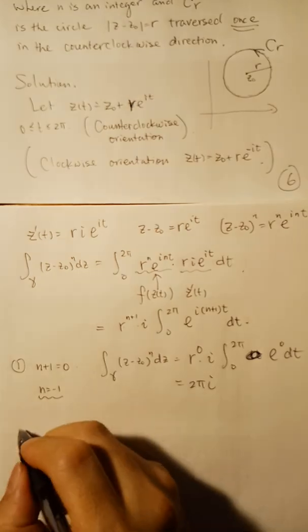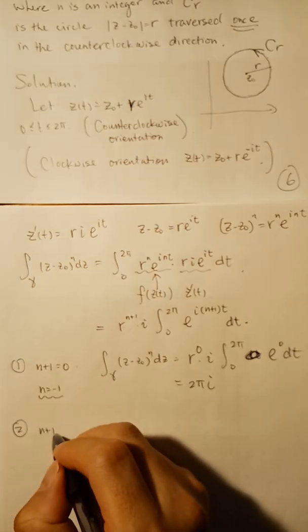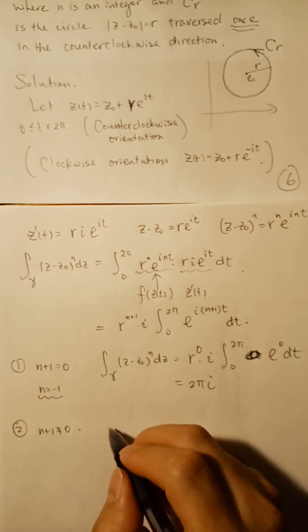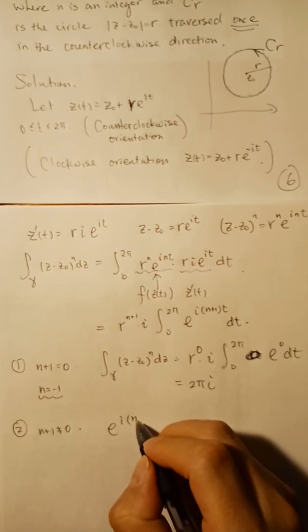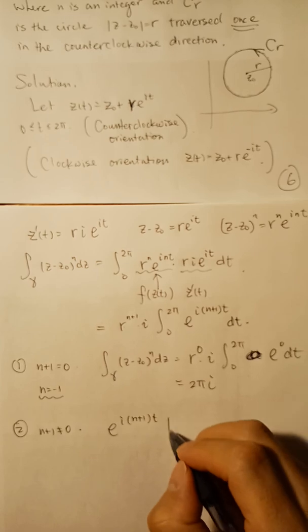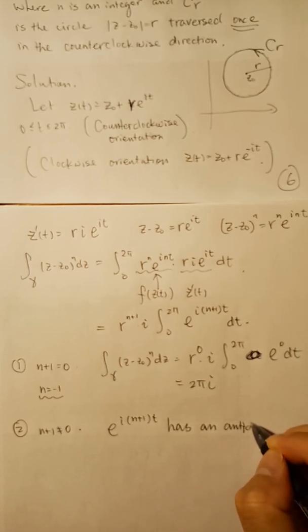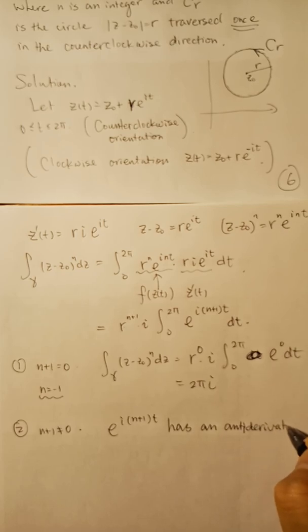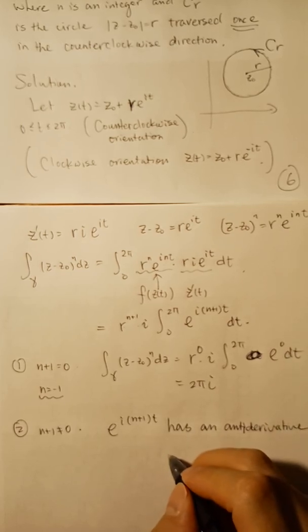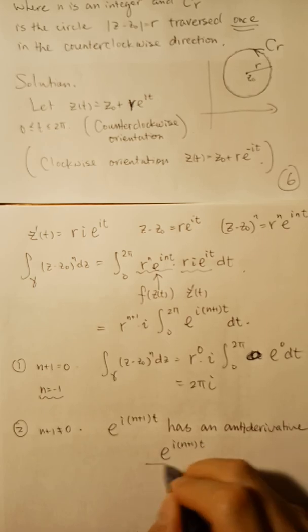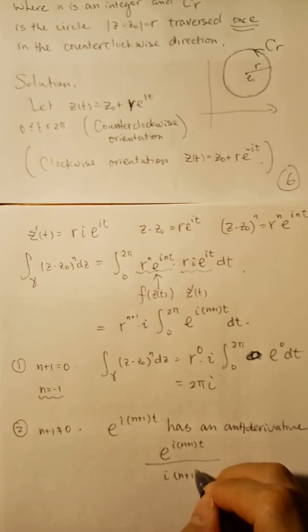Okay. When n plus 1 is not 0, then e^(i(n+1)t) has an antiderivative e^(i(n+1)t) over i times (n+1).